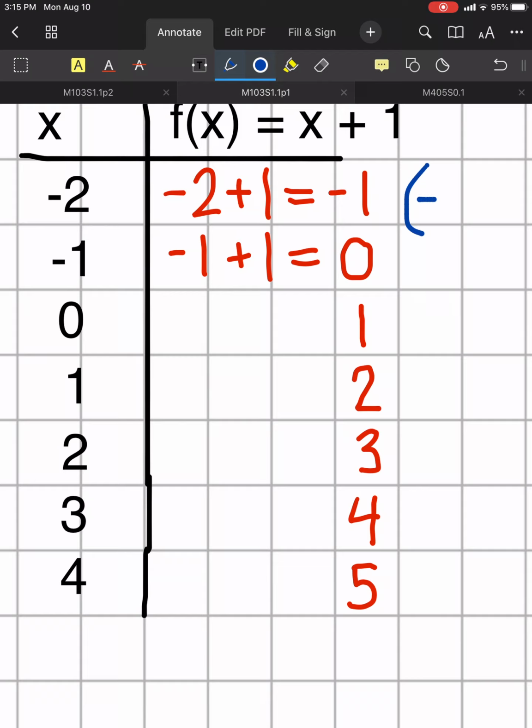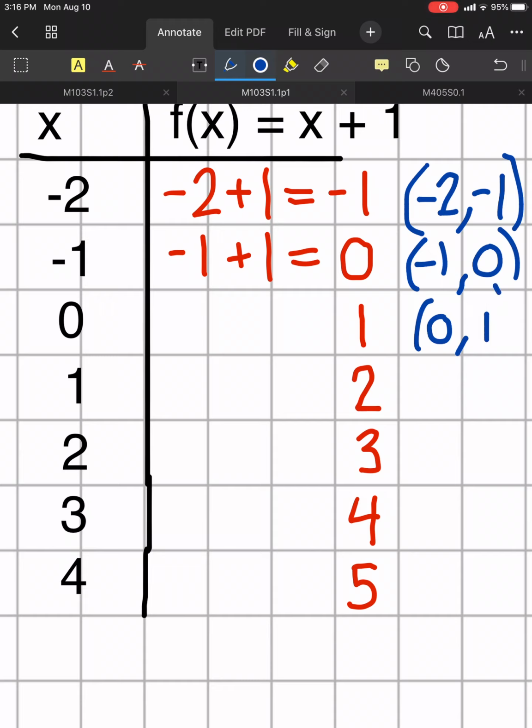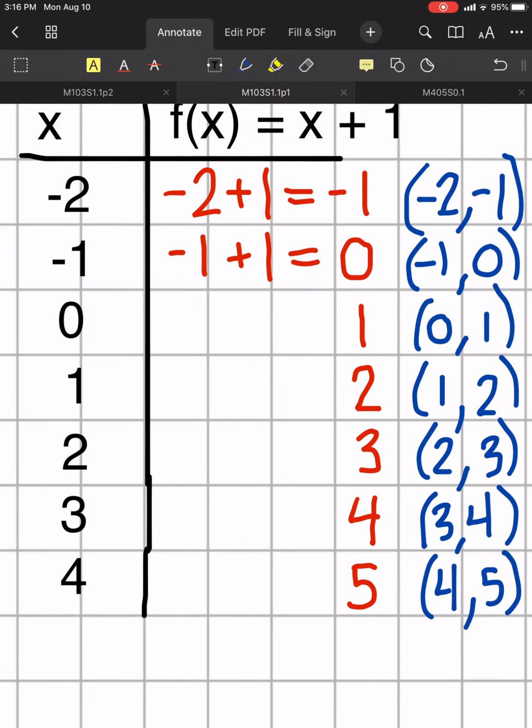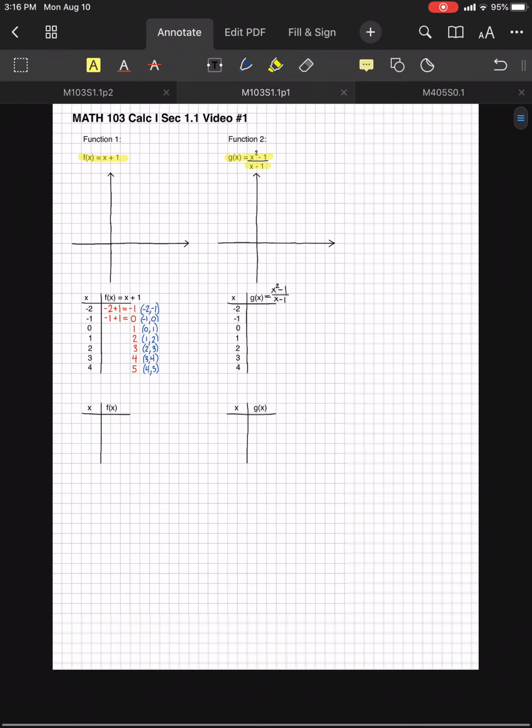Here, my x value is -2, my y value is -1; -1, 0; 0, 1; 1, 2; 2, 3; 3, 4; and 4, 5. So these are the points that we're going to get when we plot this graph out.